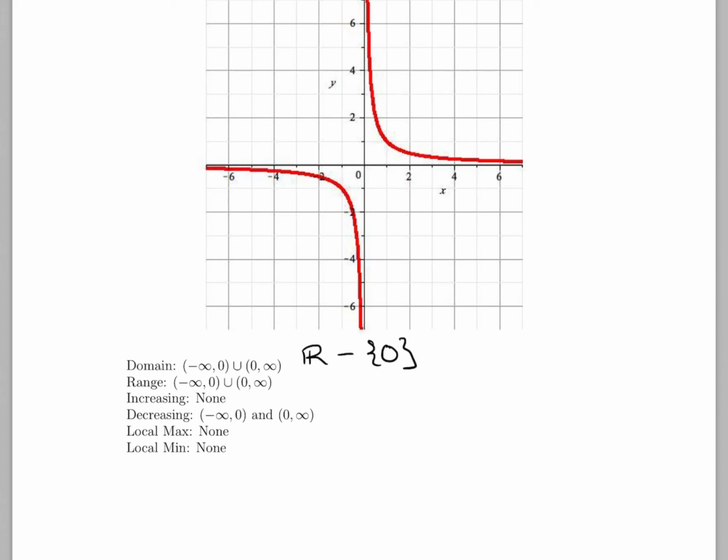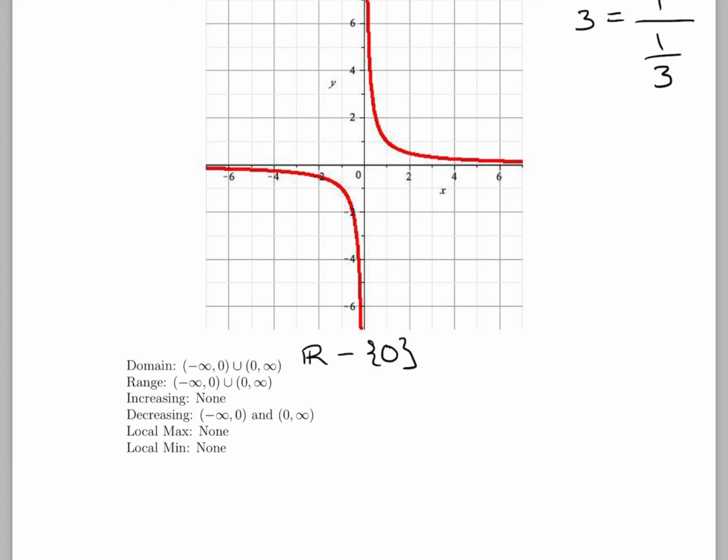So 0 is not in my range, but I can get any other value of y that I want. For example, if I wanted a y value of 3, I can get that by doing 1 divided by 1 over 3. That gives me 3. So if I took an x value of a third, I could get a y value back of 3. So I can get any real number back that I want, and any y value is in my range except for 0. 0 cannot be in my range.